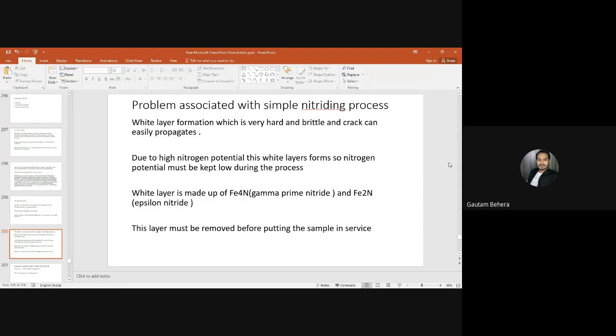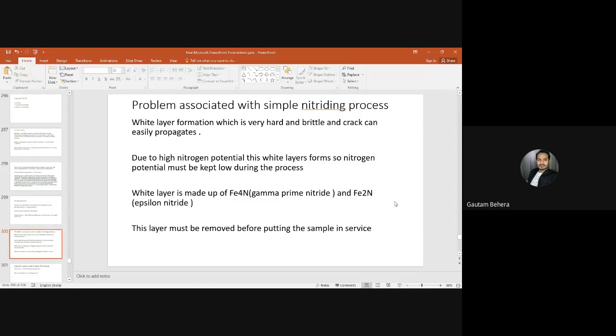So this white layer should be removed before putting the steel into service, right? You can mechanically polish it and remove that surface, but it is not an easy job. So we try to prevent it. Our aim is to prevent the formation of iron nitrides, basically Fe4N and Fe2N.